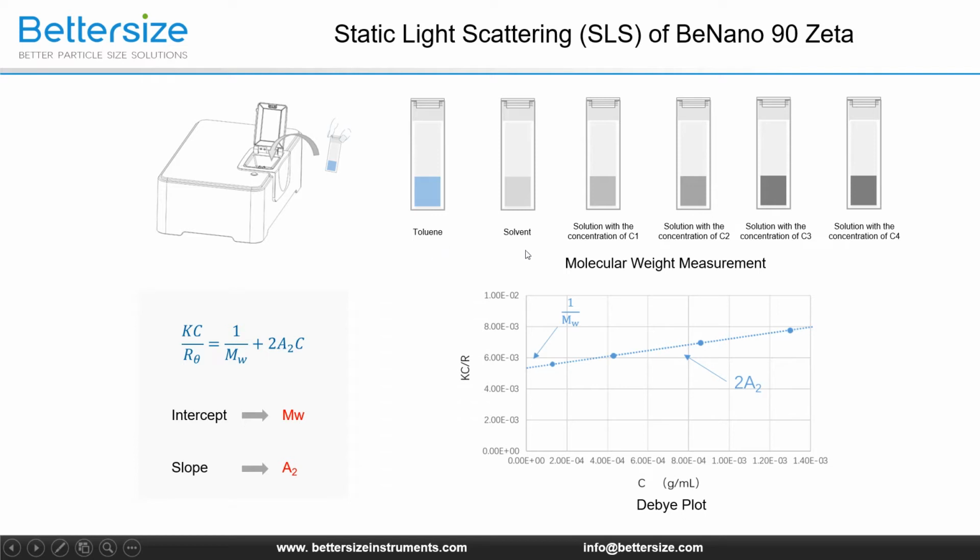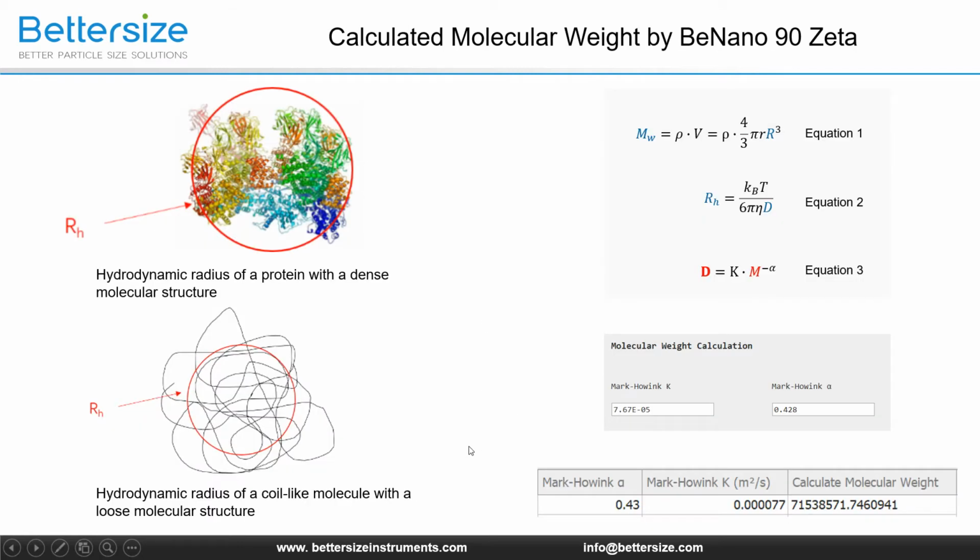The software computes the Rayleigh ratios of samples at different concentrations and plots them against concentration into a Debye plot. The molecular weight and the second virial coefficient A2 are then obtained through the intercept and the slope from the linear regression of the Debye plot.